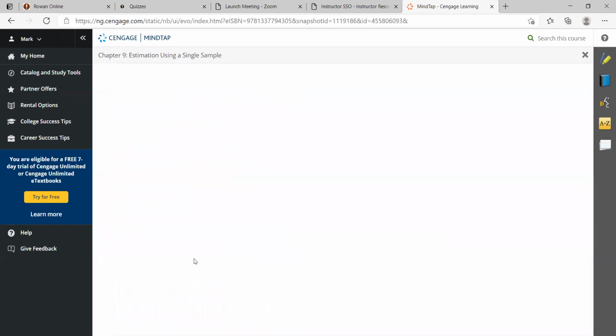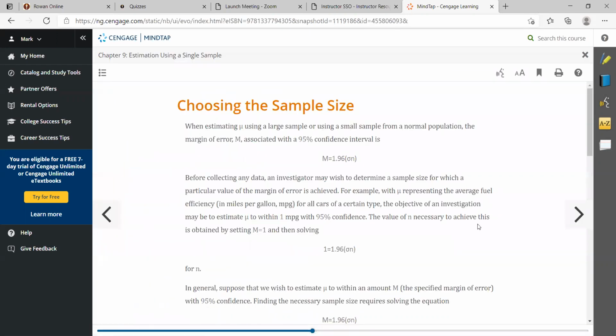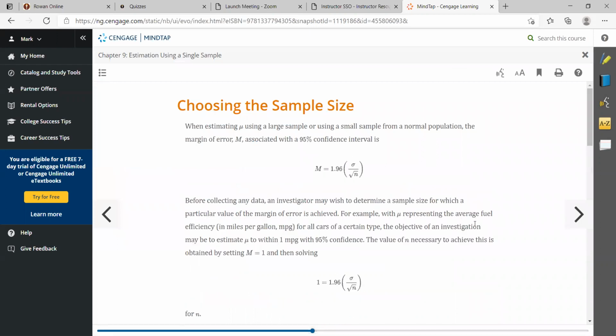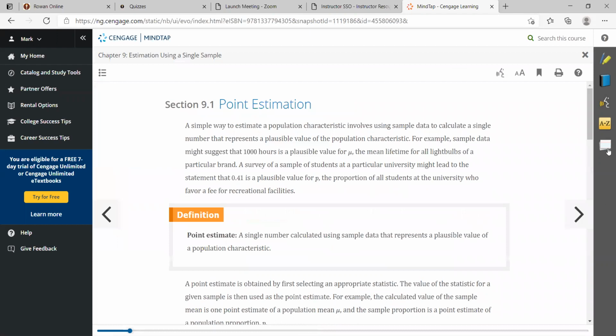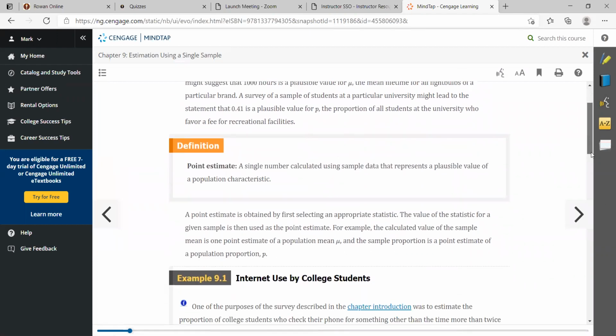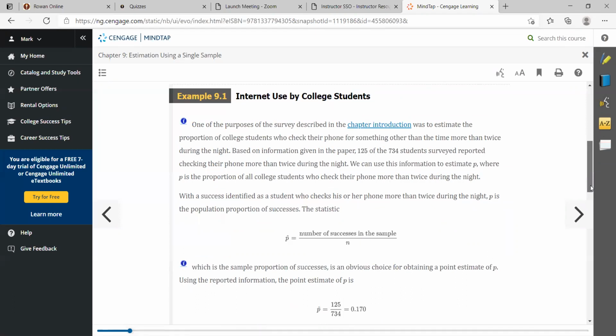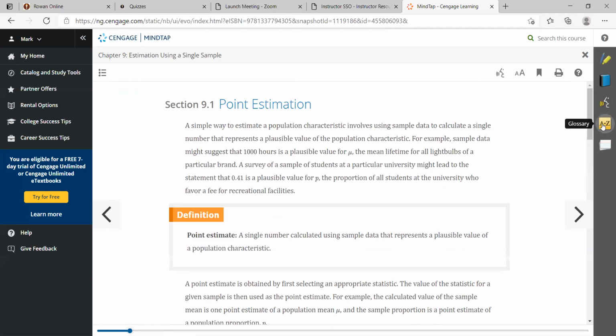Go to chapter 9. Now, 9 has to do with estimating a population mean or a population standard deviation using what's called a confidence interval. This chapter comes up with an idea first of a point estimate. If we were going to estimate a population mean, naturally, one of the things we might want to estimate it with is the sample mean.